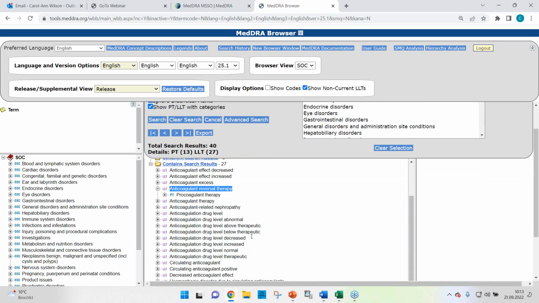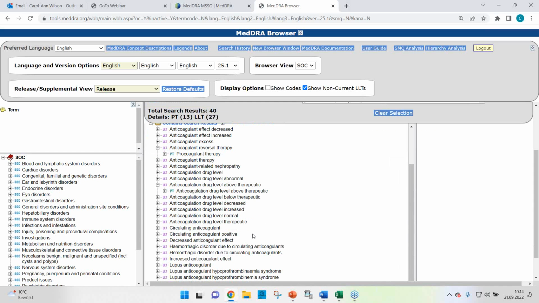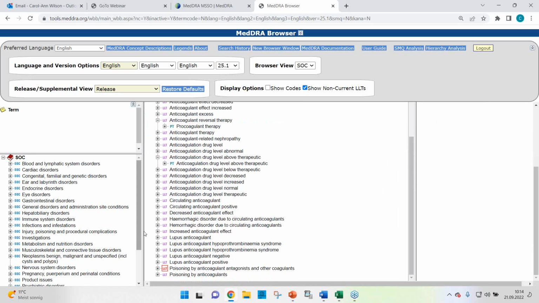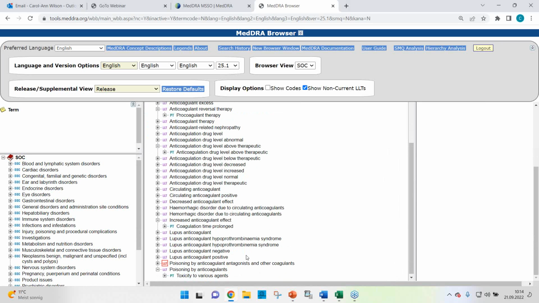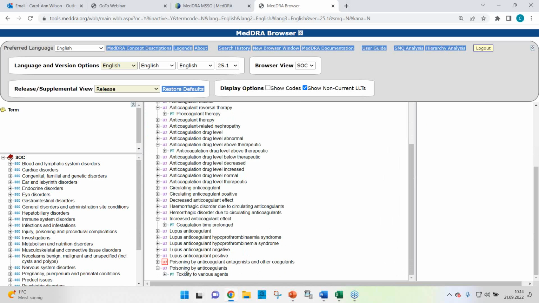Anticoagulation drug level above therapeutic. This was also selected. Circulating anticoagulant, increased anticoagulant effect. That's not what has been reported here. Poisoning by anticoagulants. Again, this was not reported. It's not that it was reported explicitly. It was an overdose.